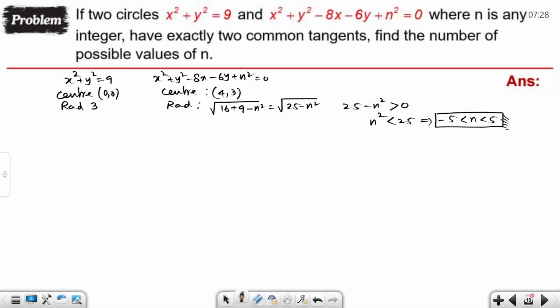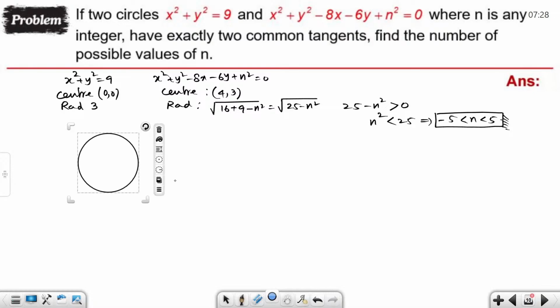Now n is an integer. Okay. Now the question is, if these two circles are having exactly 2 common tangents. Now can you remember what will be the position of the circles when they are having exactly 2 common tangents?